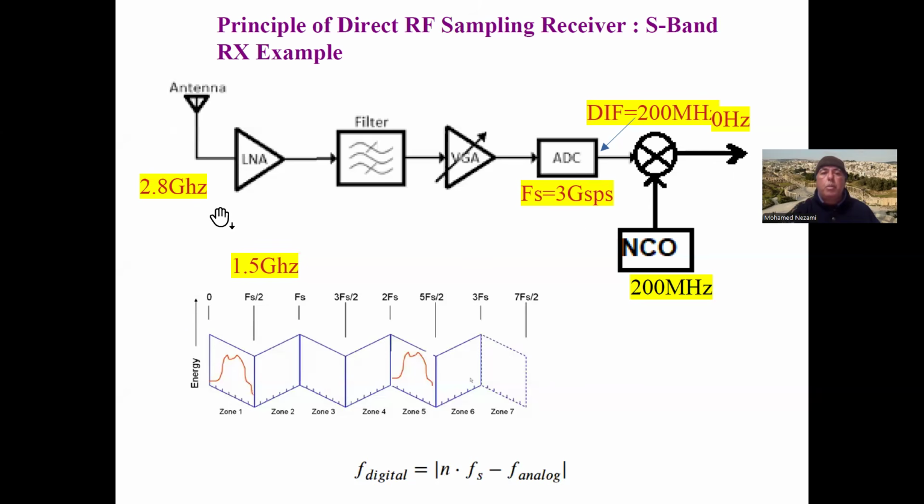We know it's going to be just a subtraction of these two. So this is the formula: the digital IF, DIF, is always going to be some n, where n is an integer 0, 1, 2, 3, up to infinity, times the sampling frequency minus the incoming analog signal. So if you substitute here 2.8 gigahertz, and in here 3 gigahertz, and you start varying n until you find which one fits right here.